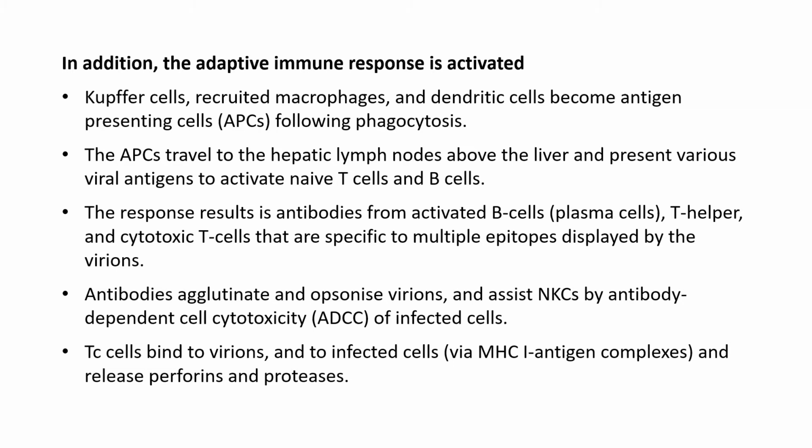Cytotoxic T cells have a similar action to natural killer cells. They can bind to infected cells via viral proteins displayed in an MHC1, and they can release their perforins and proteases to cause virally infected cells, hepatocytes, to go into apoptosis.